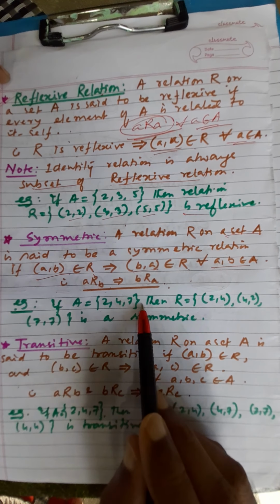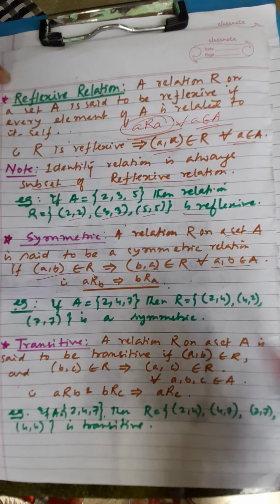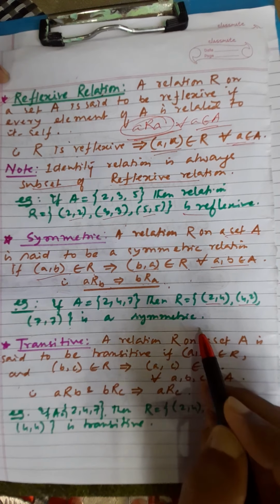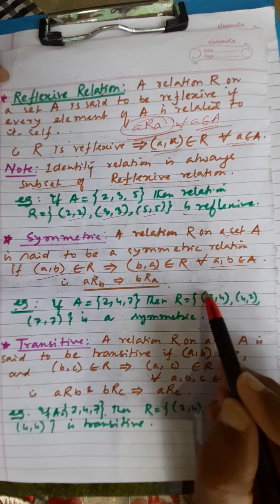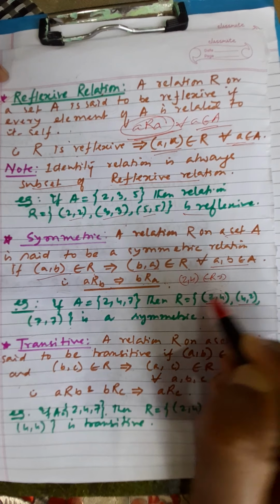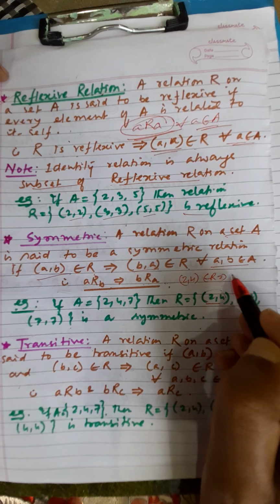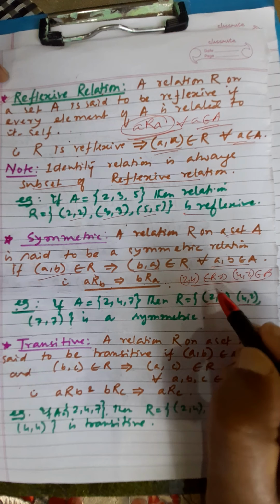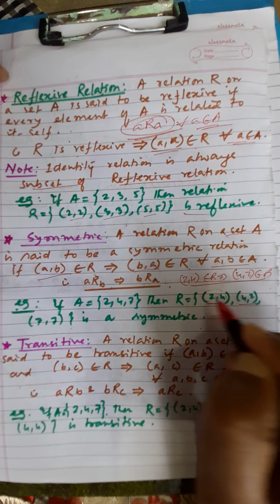If A = {2, 4, 7} and R = {(2,4), (4,2), (7,7)}, R is symmetric. Why? If we take (2,4) belongs to R, it implies (4,2) also belongs to R. So this is symmetric.